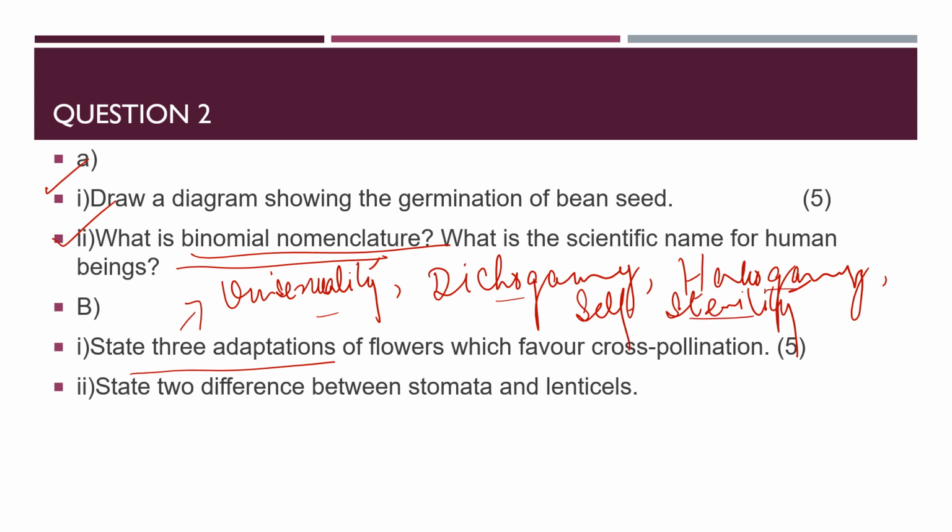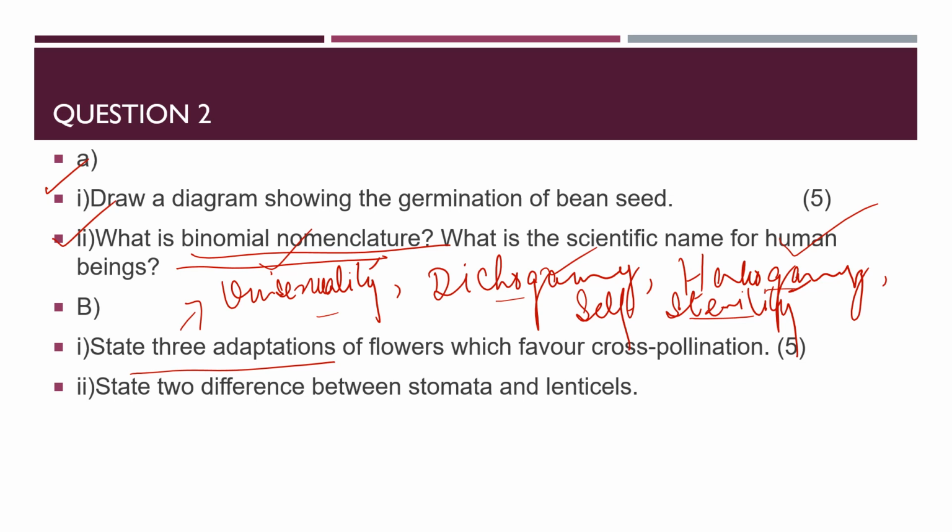So unisexuality, you can tell the flowers may be either male or female. In dichogamy, in bisexual flowers, the anthers and the stigma mature at different times. Example, rose. Now hercogamy: in a bisexual flower, when the stigma and the anthers mature at the same time, self-pollination is prevented by some barrier, like in orchids.